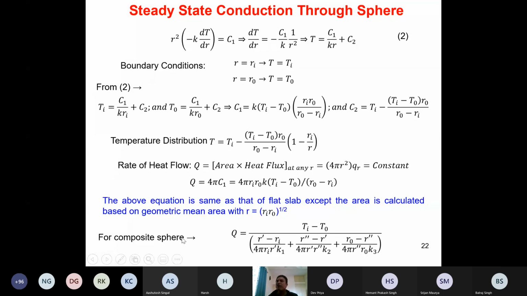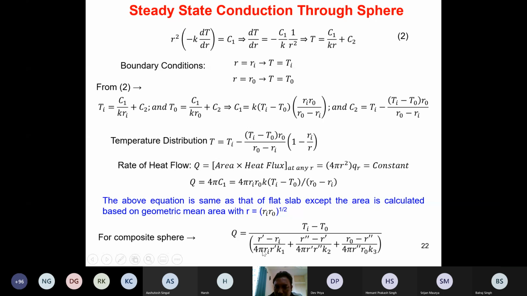Okay. Again, for the composite sphere, we can write down the final expression. Suppose there are 3 concentric spherical slabs. In that case, the Q can be obtained as total temperature difference, that is Ti minus T naught divided by the individual resistances.